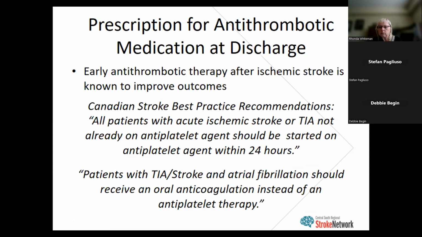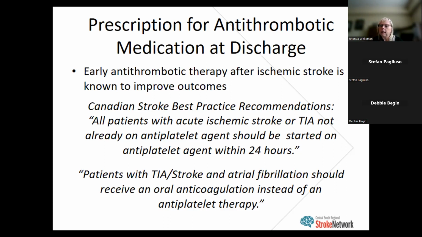The best practices would say all patients with an acute ischemic stroke or TIA should be started on an antiplatelet agent, ideally within 24 hours. We know patients who have received thrombolysis or endovascular therapy need to wait until that 24-hour CT scan is done to make sure there's no bleeding before it can be started.